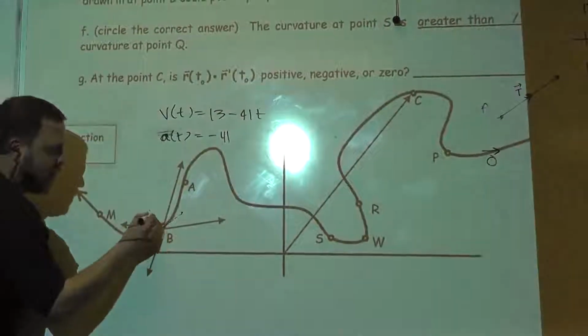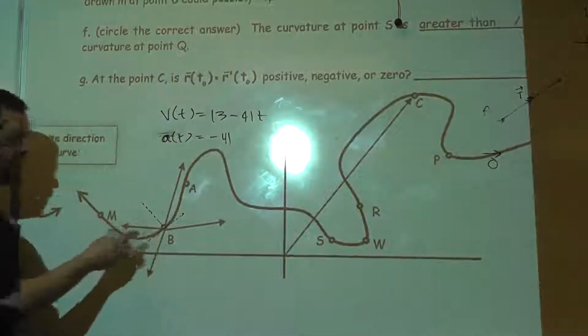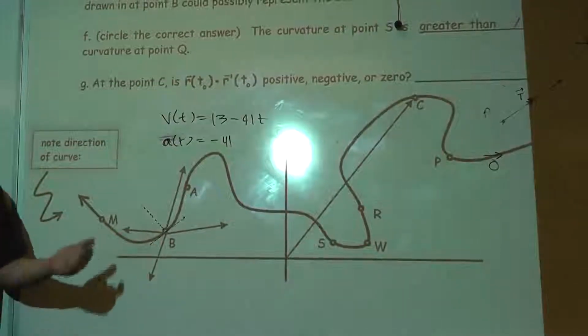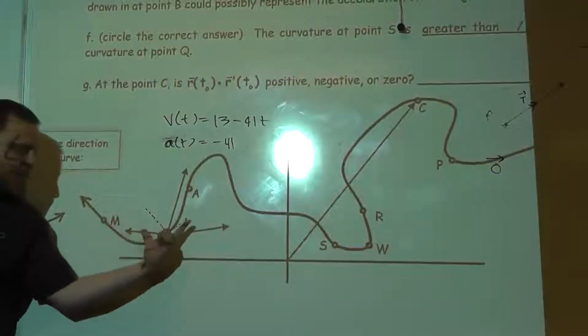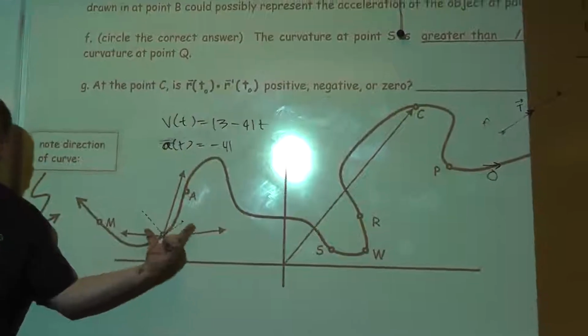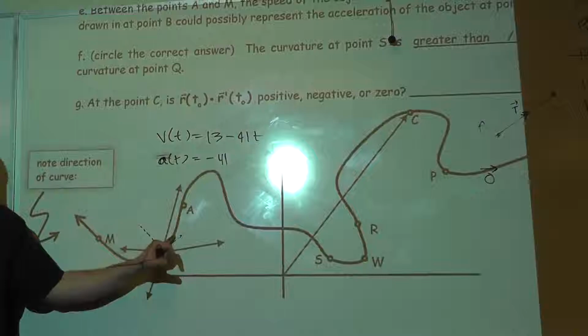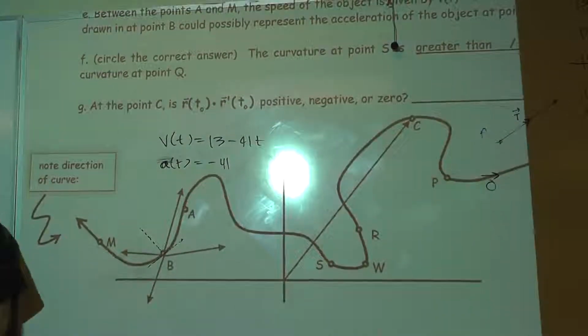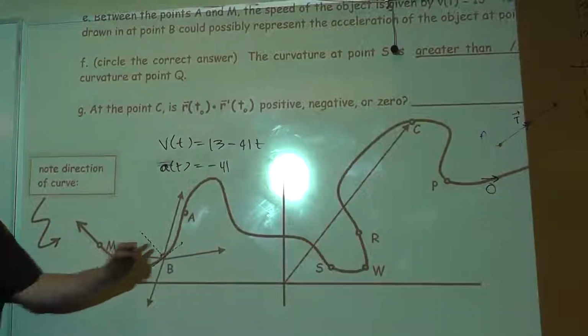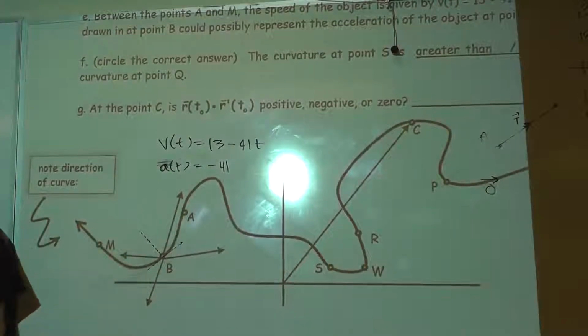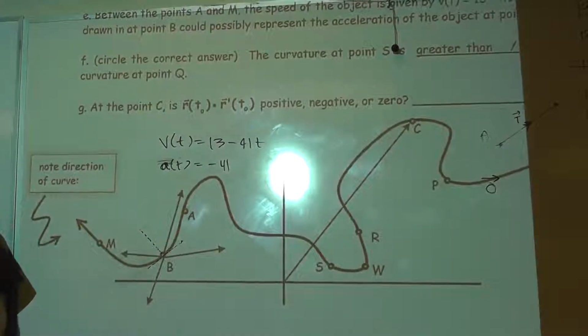And then you have a normal component of acceleration going this way. So the acceleration vector at that point should be the resultant of something that has those 2 components, tangential and normal. And that's the only candidate that could have that as a resultant of those 2. So it has to be this almost northeast bound vector right there.